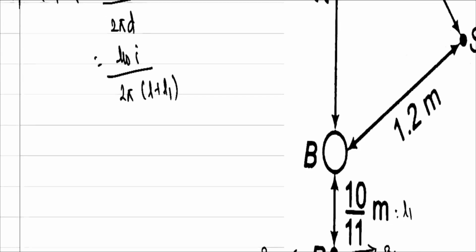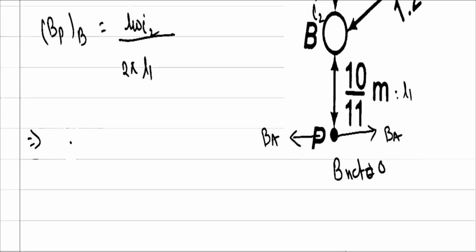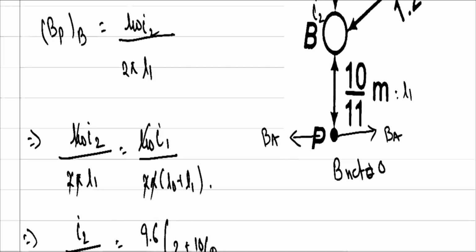Now the magnetic field at point P due to wire B is mu naught I2 by 2 pi L1, where I2 is the current in B. Now the net magnetic field is 0, so mu naught I2 by 2 pi L1 equals mu naught I1 by 2 pi (L plus L1). 2 pi cancels, mu naught cancels. I2 by 10 by 11 equals 9.6 divided by (2 plus 10 by 11).